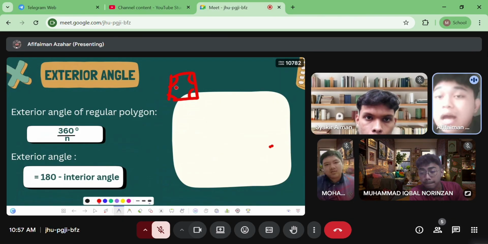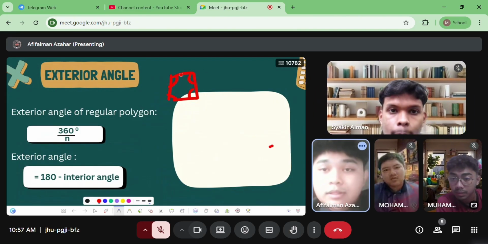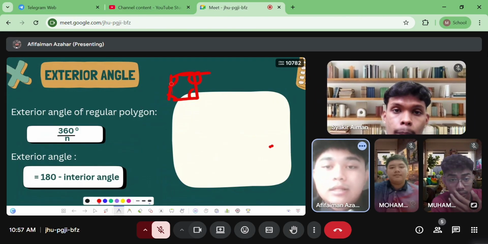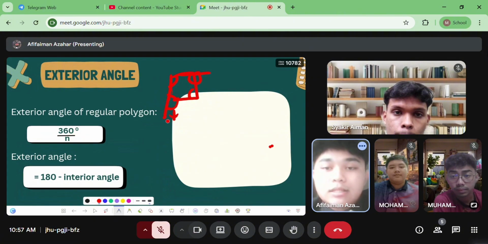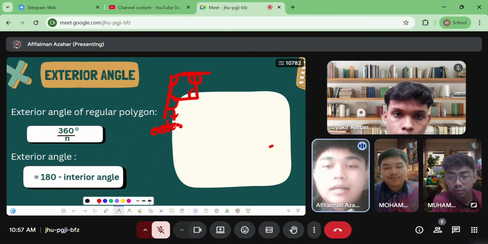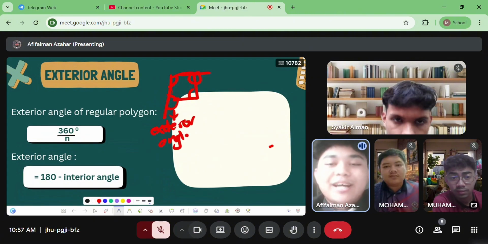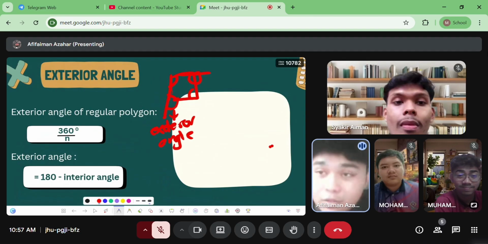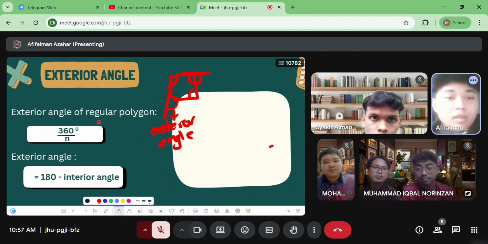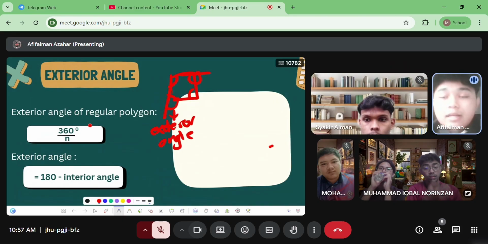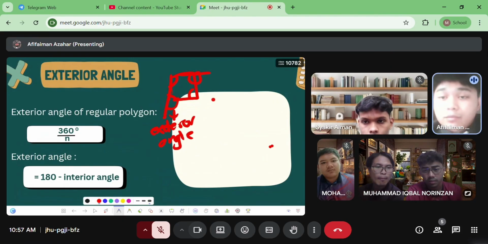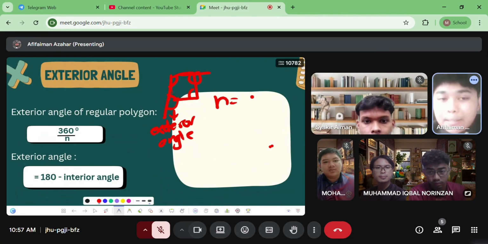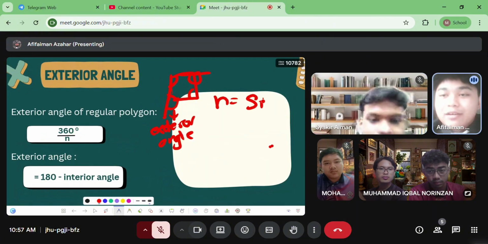The exterior angle is outside this shape. Here, so it is the exterior angle. All right, so the first formula that you need to know is 360 divided by n, which n is equal to what, Shakir? Number of sides. Number of sides, great.